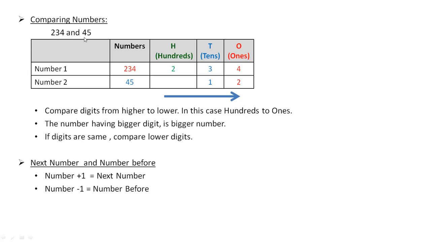Do we have a digit in hundreds place in 45? No, we don't have. So which is the bigger number? It is 2. 2 is bigger because here we don't have digit in hundreds place, right? So 2 is bigger and that's it. So we decide that 234 is the bigger number, right?